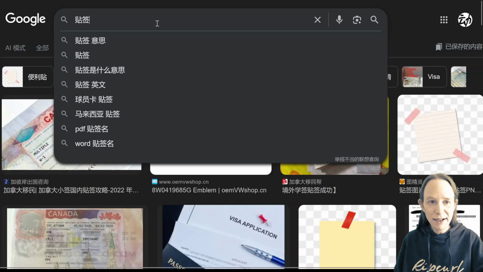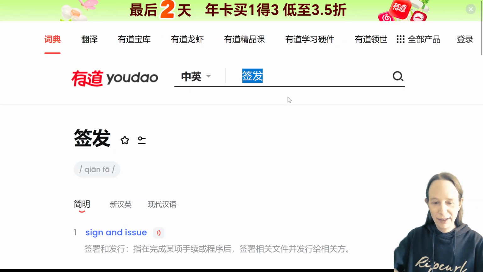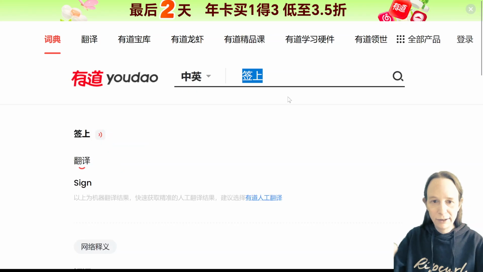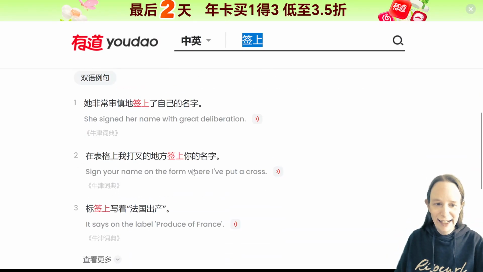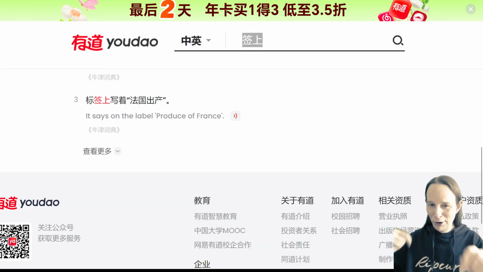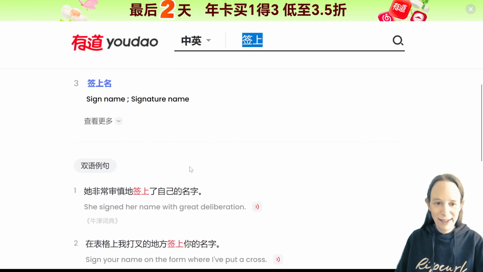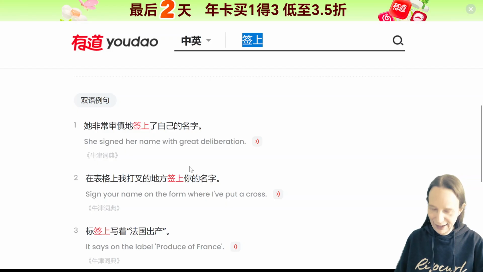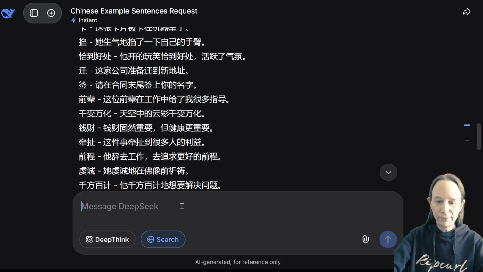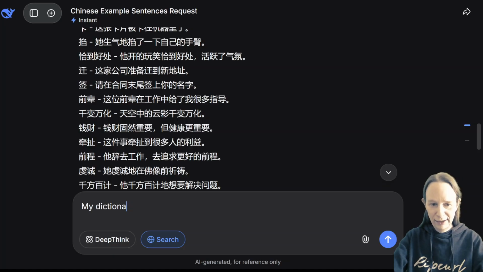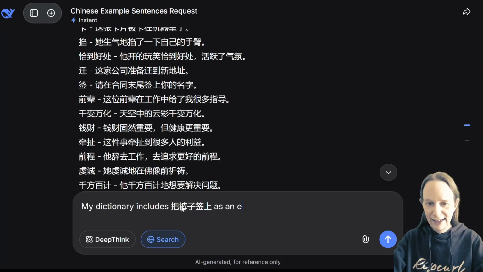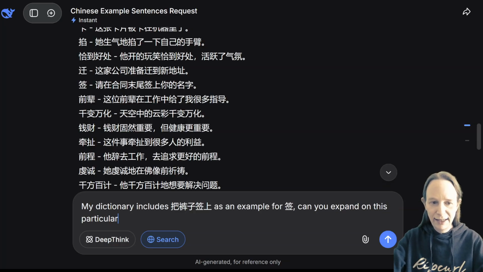把裤子牵上. Oh, that's a verb. So 牵上. It's not sign, it is sew together your trousers. My dictionary includes 把裤子牵上 as an example for 牵. Can you expand on this particular usage?